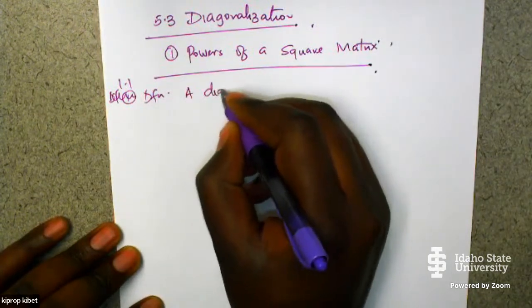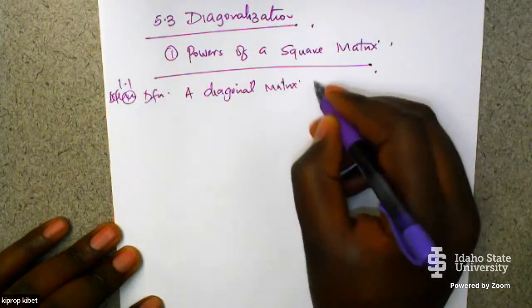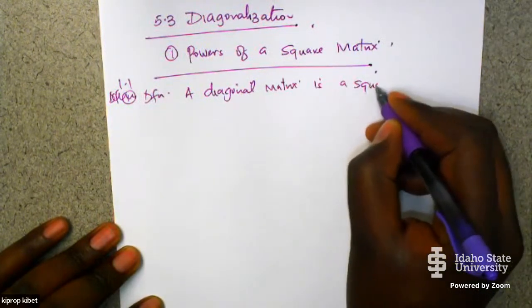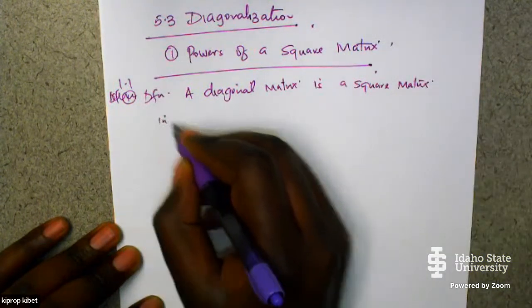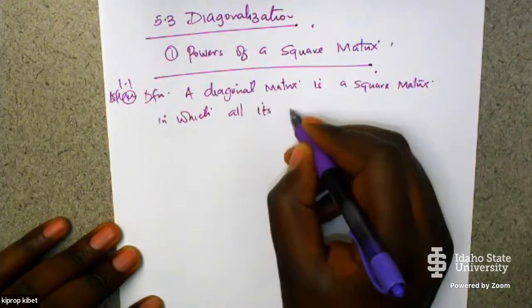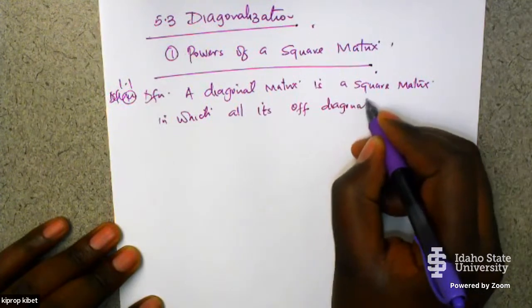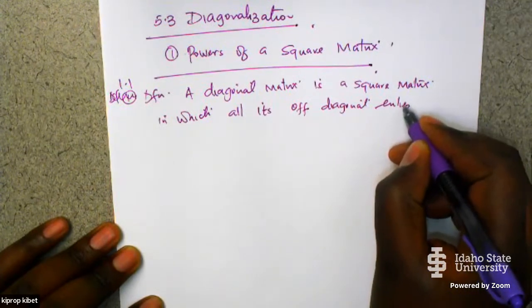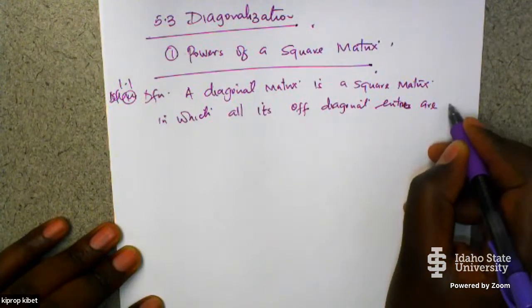A diagonal matrix is a square matrix in which all its off-diagonal entries are zeros.